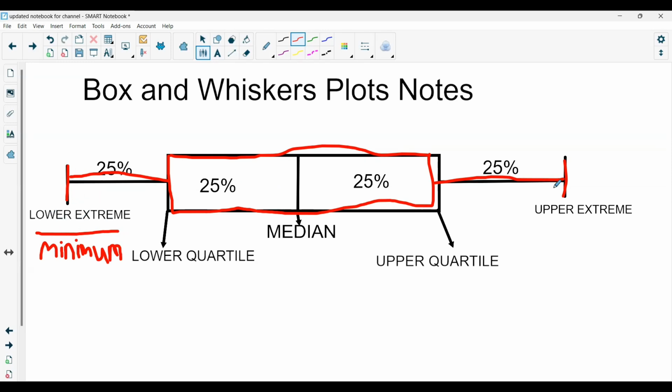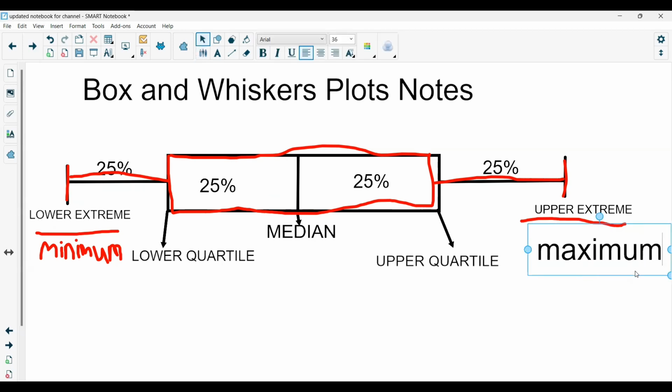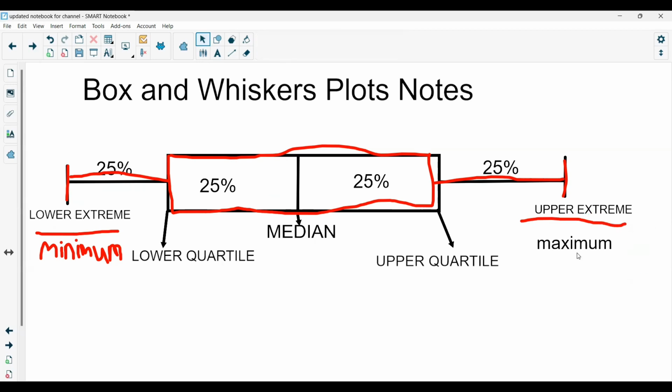And then on the very end over here on the other whisker, we have our upper extreme. Okay? And that will be our maximum, which is our biggest number. So your lower extreme is your minimum, your smallest number, and your upper extreme over here is your maximum, which is your biggest number. All right.